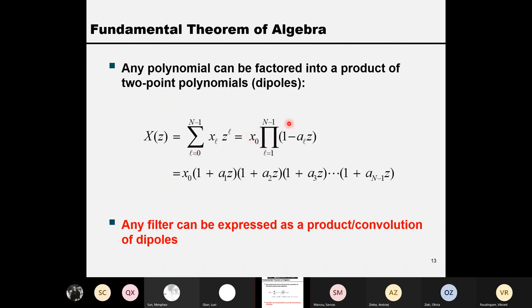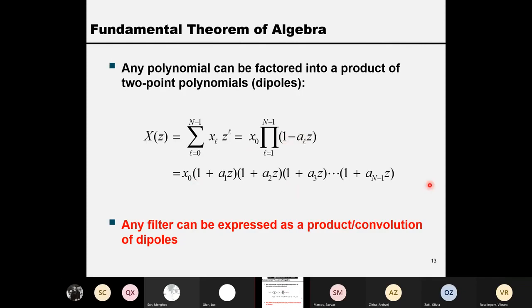This large pi here is a symbol for multiplication. So this becomes x0 multiplied by 1 minus a_k z, this is one factor, with k from 1 to n minus 1. The first factor is x0 here, and then you have n minus 1 factors, n factors in total.